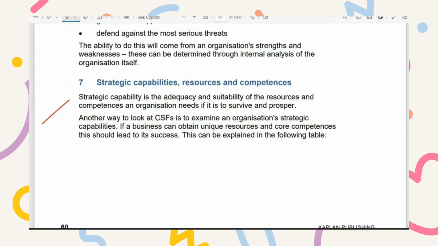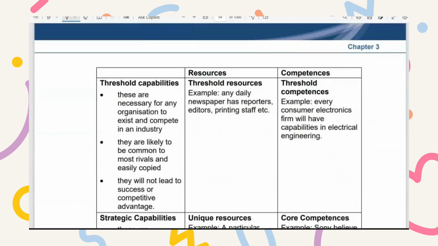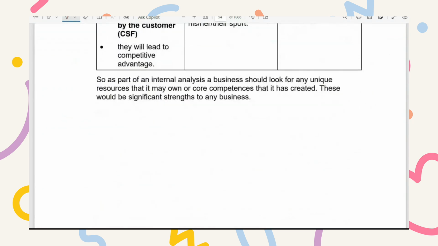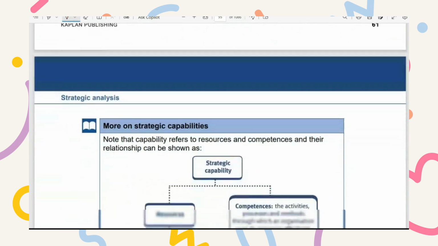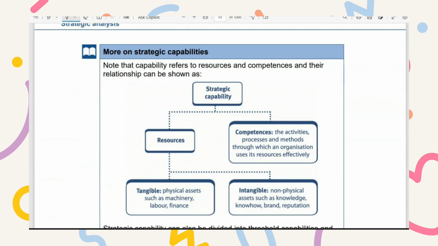Strategic capabilities, resources, and competencies. Key success factors. Now they discuss threshold resources, and then threshold competence. More on strategic capabilities: the strategic capability of the company.